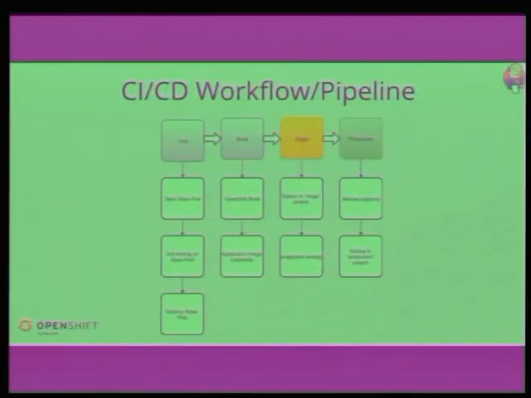So before we go into the demo, we wanted to show the picture of what this workflow looks like. As Michal mentioned, we have a test phase, which breaks down to the Jenkins jobs that you're going to see in the demo. We have a test job that will spin up the slave pod in Kubernetes, as Michal indicated.